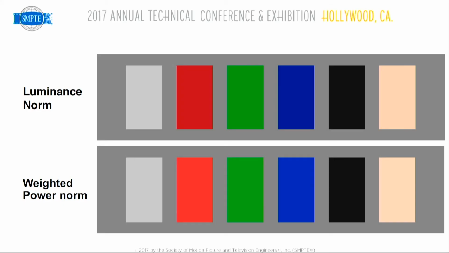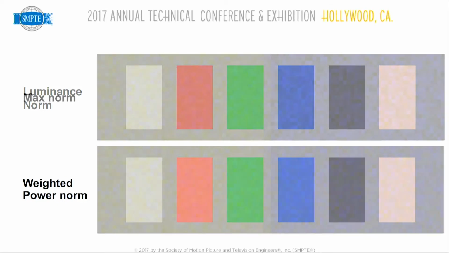So a pure red is going to go through the tone curve at 30% of its corresponding neutral, and blue at 10%. So all of the colors get darkened. And as Gary pointed out earlier, this is something that happens in HLG, Rec 2100 hybrid log gamma, for example. On the bottom, we're showing the norm that I'll describe in a minute. And you can see that the colors are maintained at a better brightness relative to neutral.